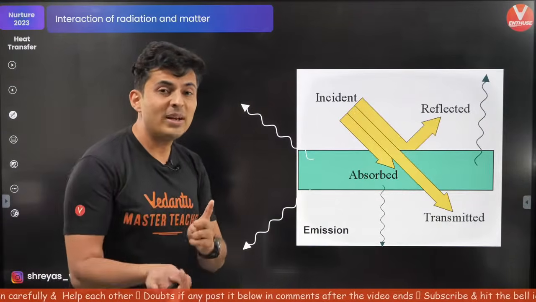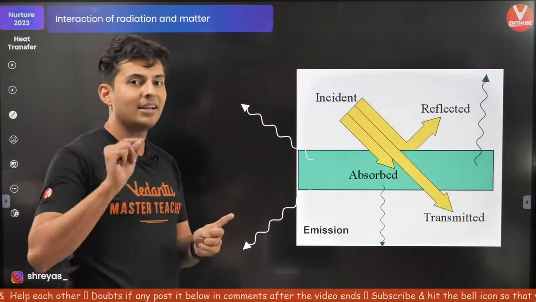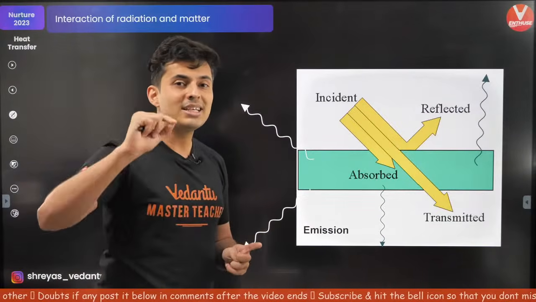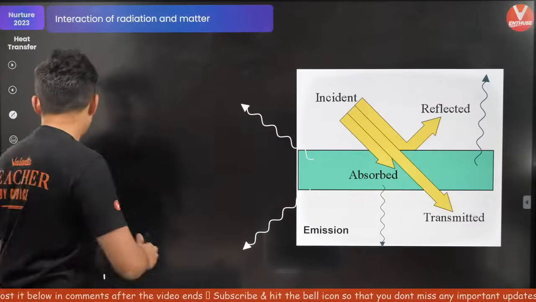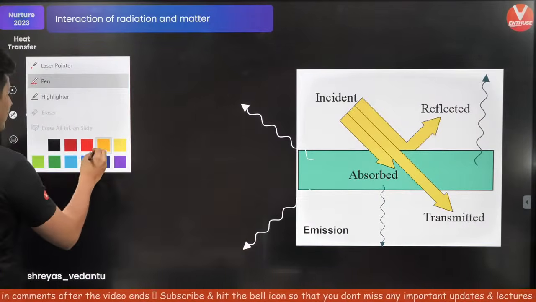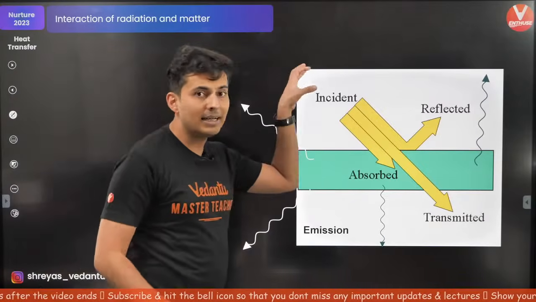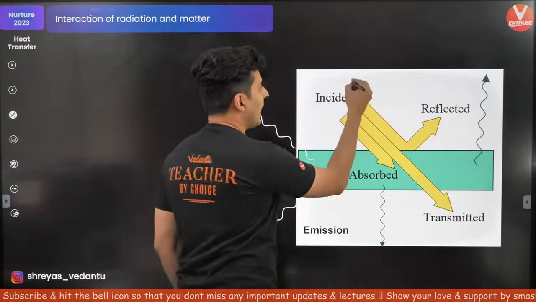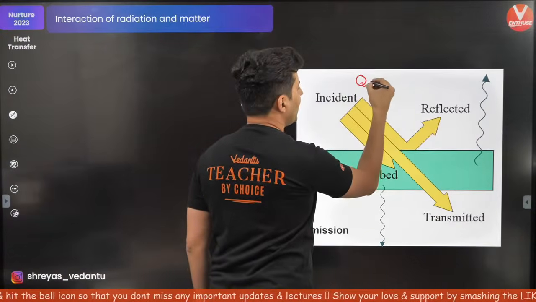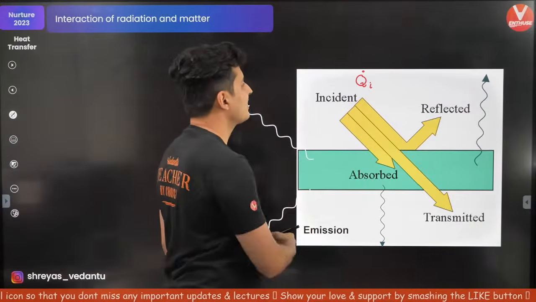Based on how much is absorbed, how much is reflected, and how much is transmitted, you decide the three parameters of a body. So let's say I call the incident amount of energy which is falling per unit time Qi dot. What is this Qi dot?